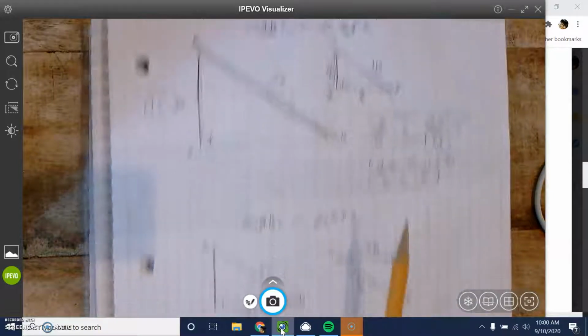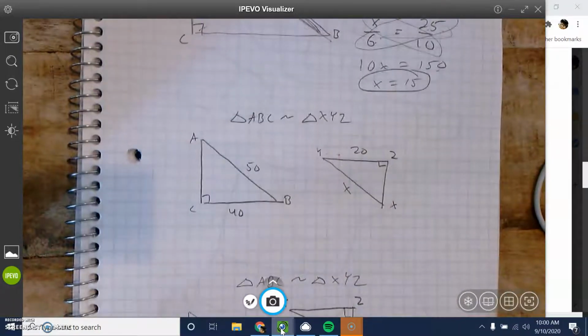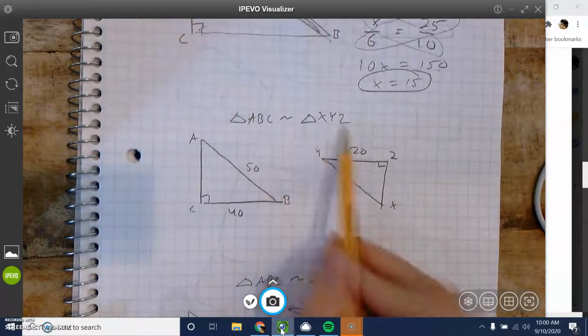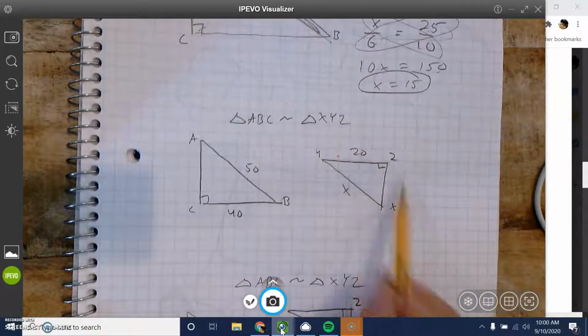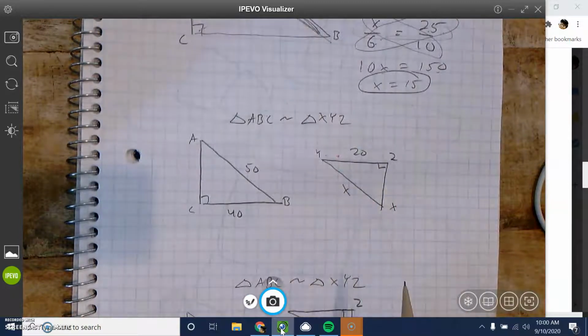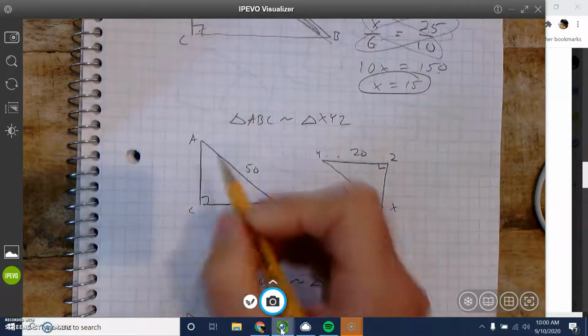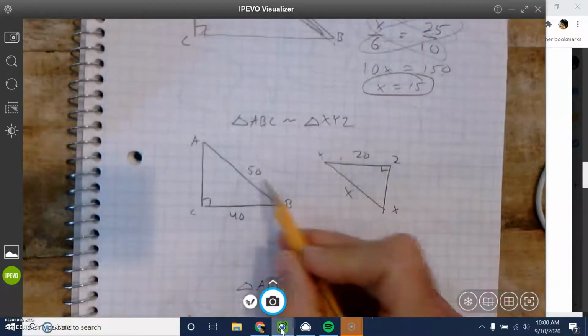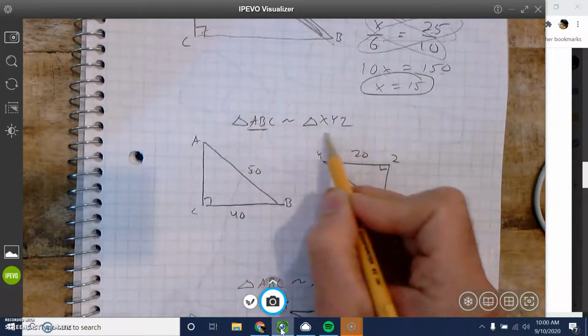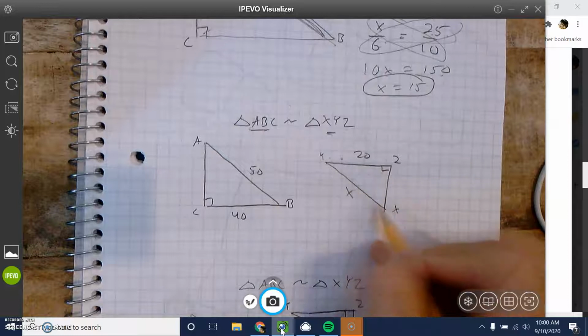Now, let's do another one. Here's number 2. Triangle ABC is similar to triangle XYZ. Same thing, but now it looks a little bit upside down, just like the ones we did with the angles. No problem. First thing, I have to find corresponding sides. The hypotenuses are corresponding, so AB and XY are corresponding.